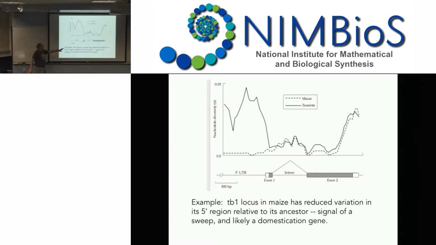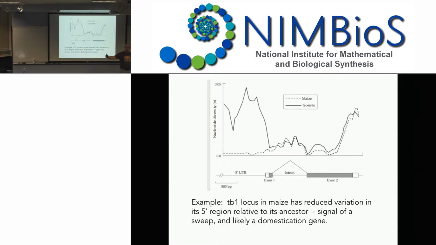So then if you scan around teosinte branched 1 with the nucleotide diversity, you see a couple things. Number one, the dashed line here is maize. Number two, the solid line is teosinte. Why over here is maize generally less than teosinte? It went through a founding bottleneck, right?